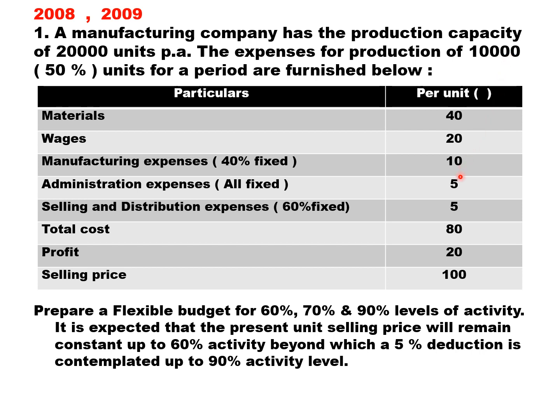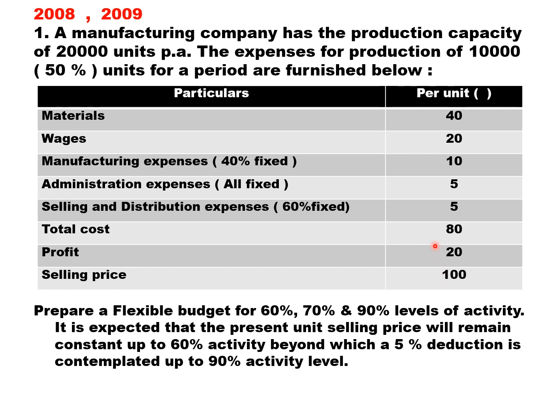So administration expenses will be 50,000. Selling and distribution expenses, 60% fixed, remaining 40% variable. Total cost is 80 rupees, profit is 20 rupees, selling price is 100 rupees.